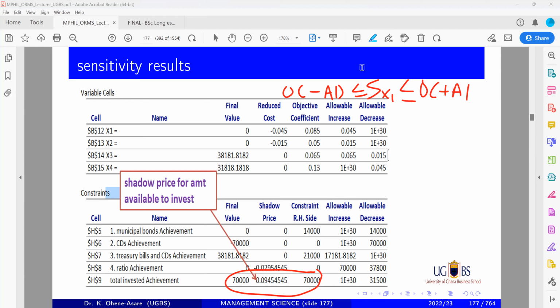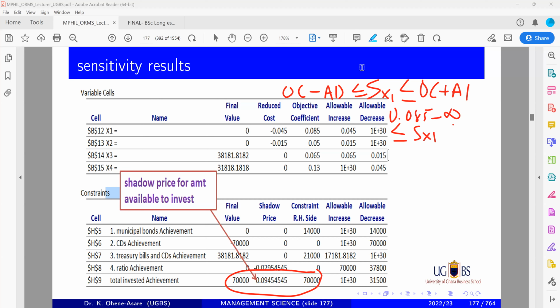So that would be 0.085, minus the infinity figure there. Okay, minus infinity. Yeah, less or equal to the sensitivity range.